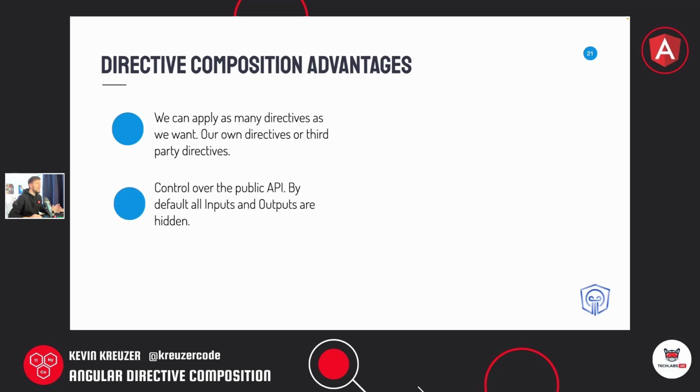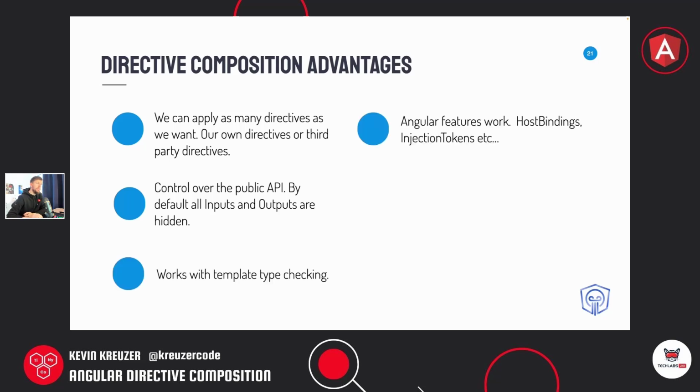Then the next cool thing, and this is something that I really, really like, is that we get full control over the public API. So we can basically say what we want to make available for our component and what we want to hide. So by default, all inputs and outputs are hidden. That is something that you just have to keep in mind when you start to work with this API. It also works great with template type checking, and all the Angular features work, such as host binding, injection tokens, and so on.